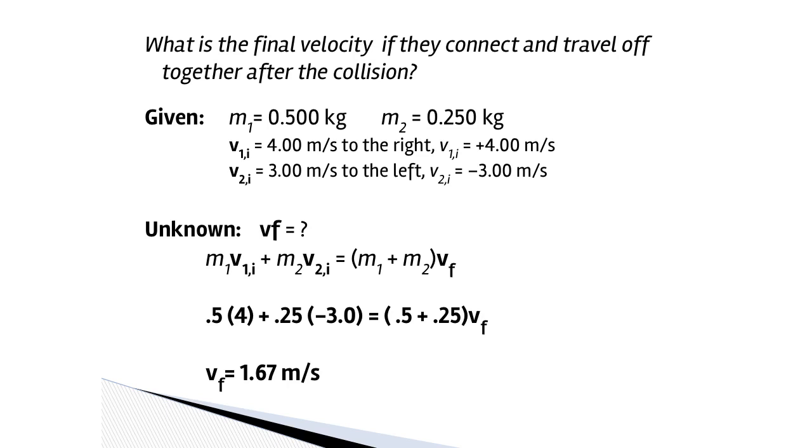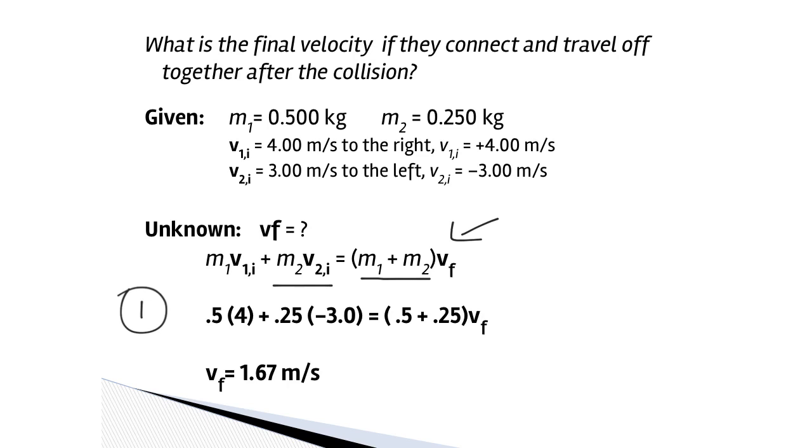The final velocity of the two objects stuck together at the end is going to be found with this equation. M1 V1 initial plus M2 V2 initial equal M1 plus M2, because they are combined after they collide, times the final velocity.